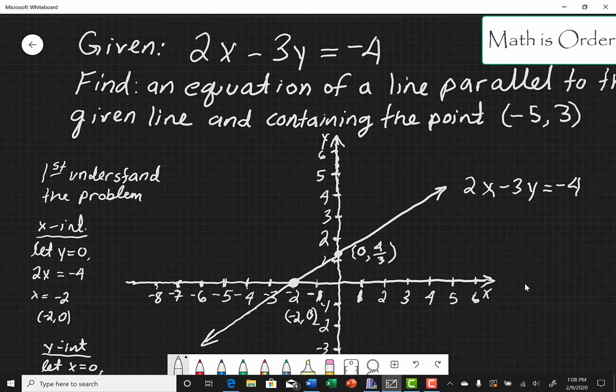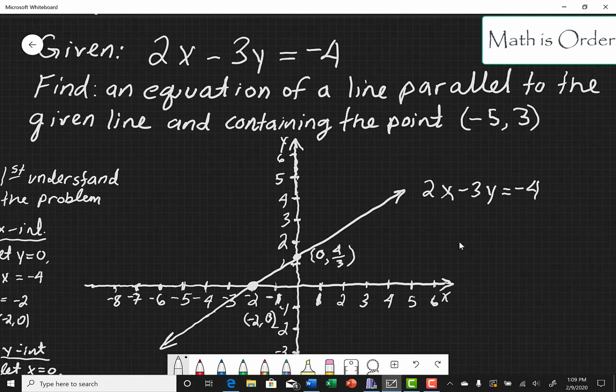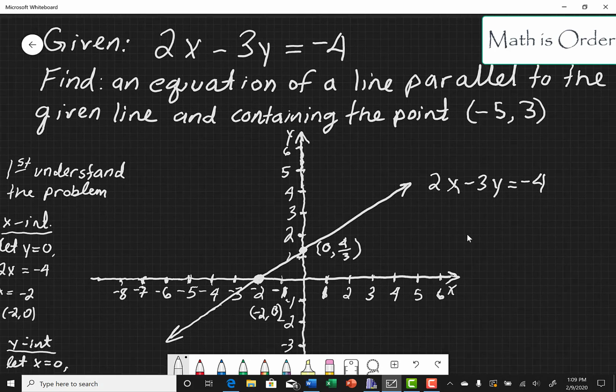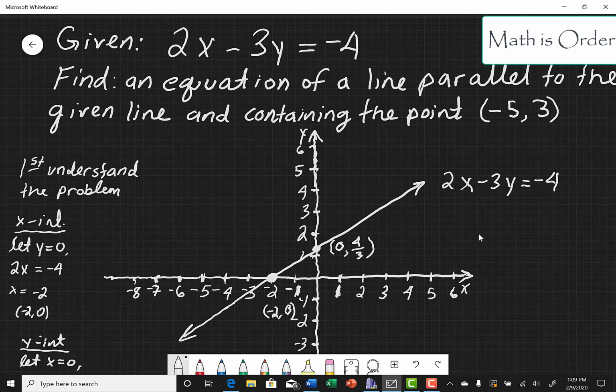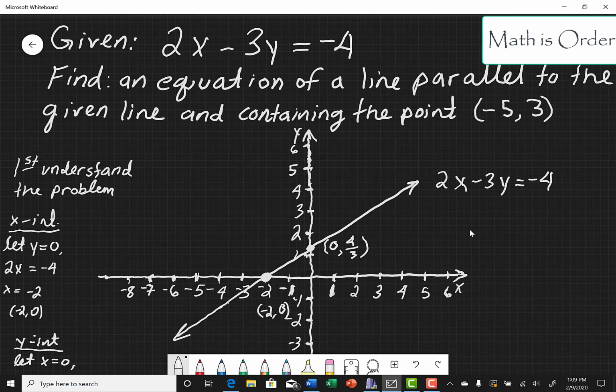Next, we want to find an equation of a line parallel to this line and containing the point -5, 3. So let's go ahead and plot the point -5, 3: -5 on the x and 3 on the y. That's about right about here.